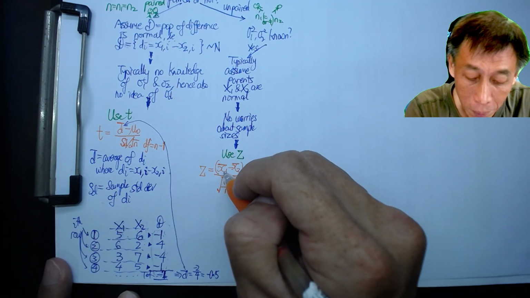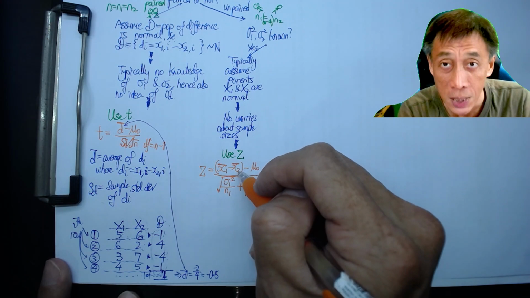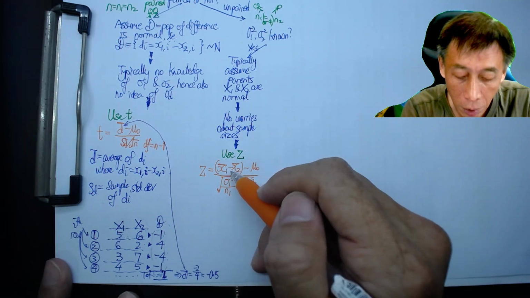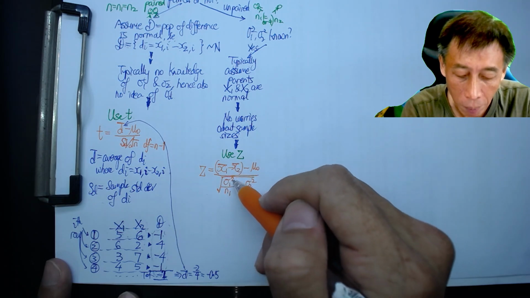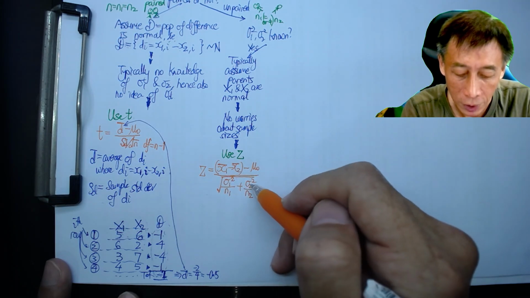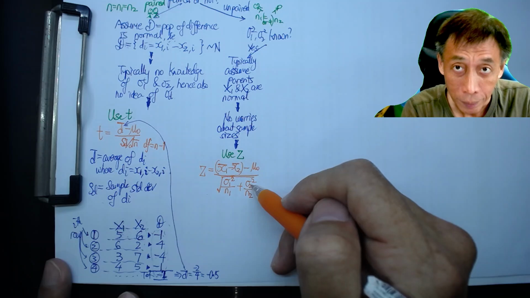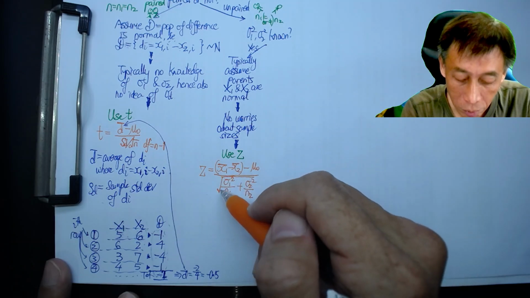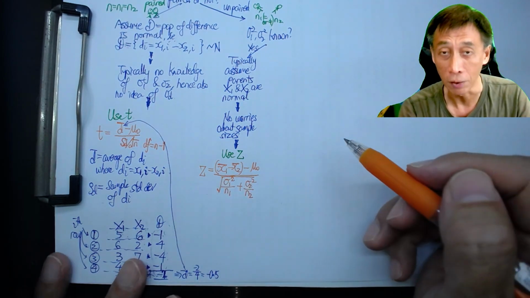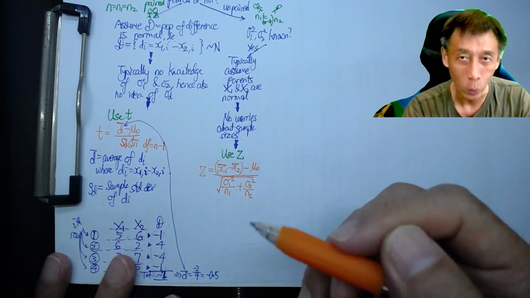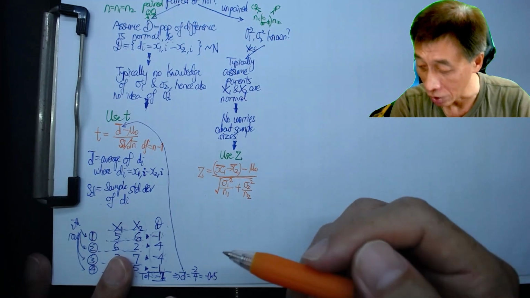When x1 bar minus x2 bar happens, the variance of x1 bar minus x2 bar, assuming they are independent, is just the variance of x1 bar plus the variance of x2 bar. Then you take the square root to get the standard deviation to plug into the Z formula. So actually it's all following the basics that we already know about.